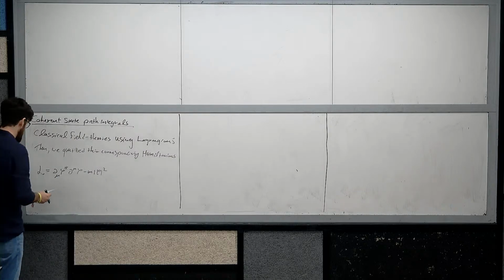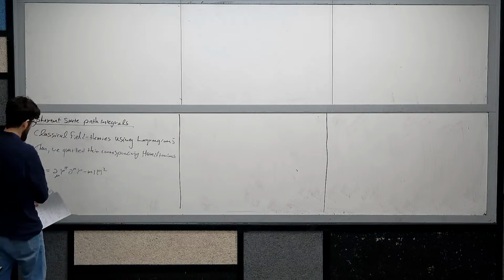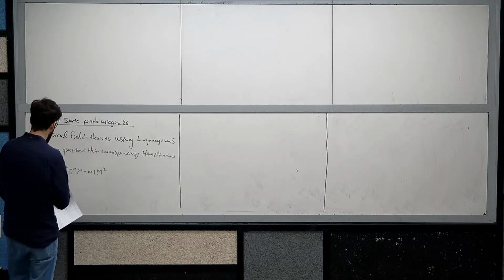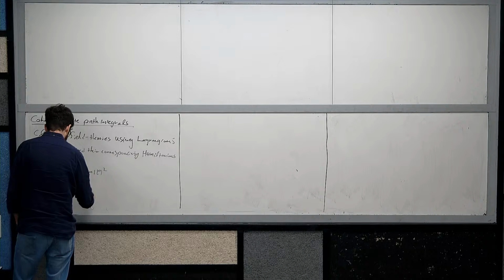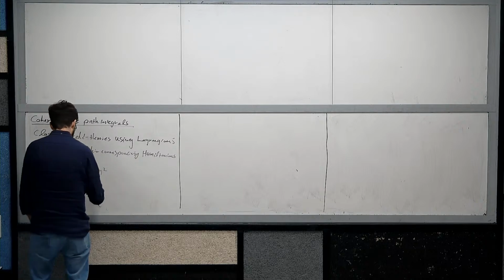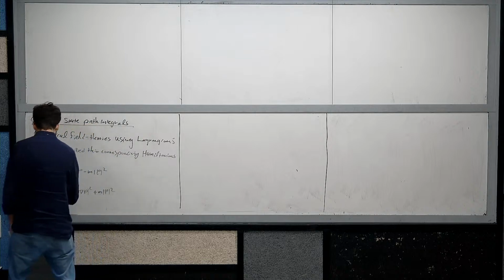And then we move to a Hamiltonian, which is something like pi squared, plus phi squared plus m phi squared. This is h.